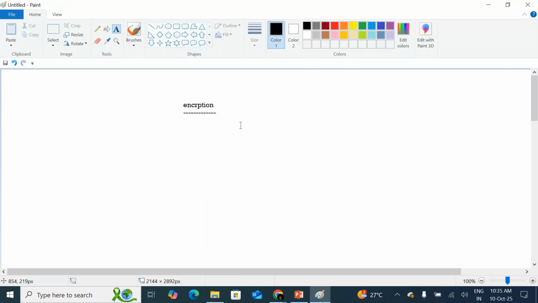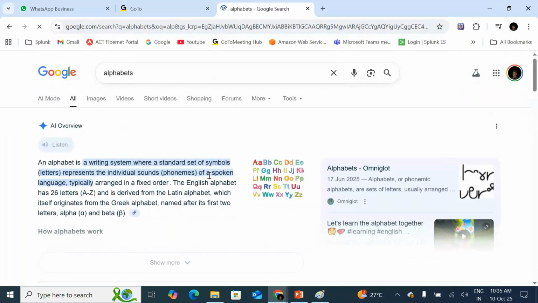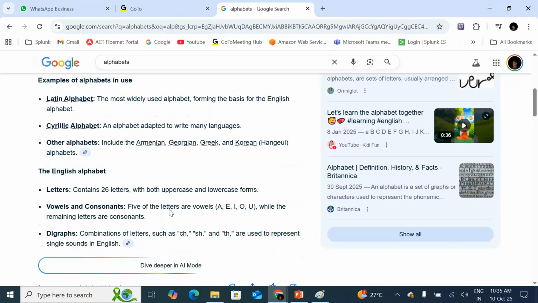Ciphertext means it will be in some other form. For example, I will show you an example for understanding purposes only. Not exactly like this, but they will use different algorithms like this.